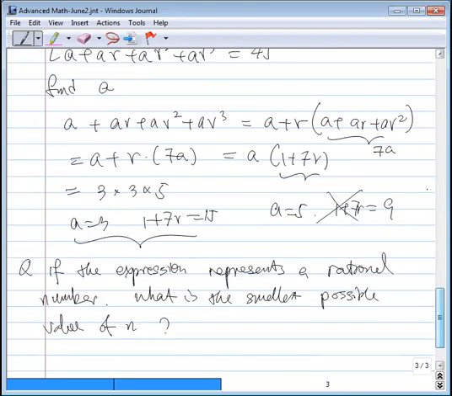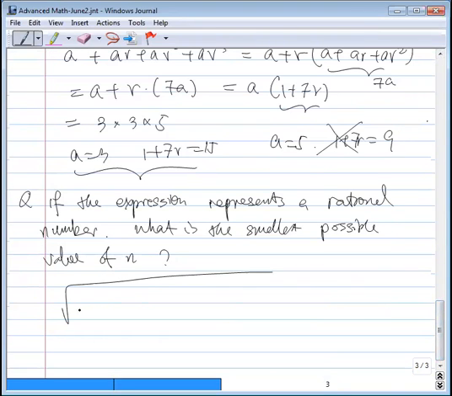So here's the expression. This is 3 over 1, 4 over 2, 5 over 3, and the last term is n plus 2 over n.